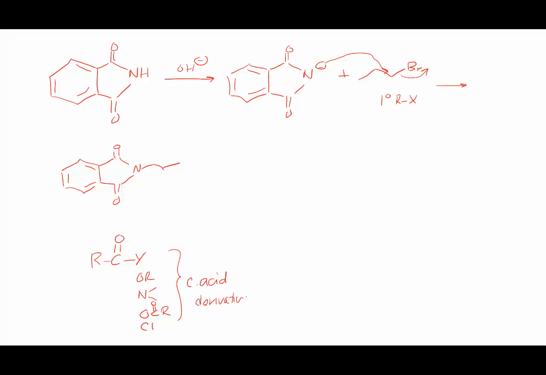The definition of a carboxylic acid derivative is something that when you react it with H plus or hydroxide, and there always has to be water present as a solvent, that reaction will be called hydrolysis.